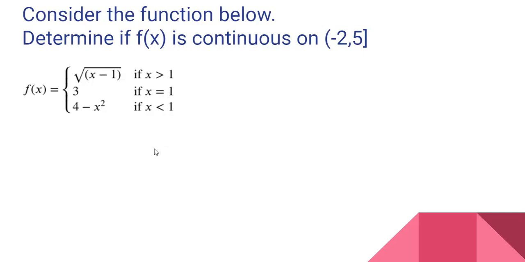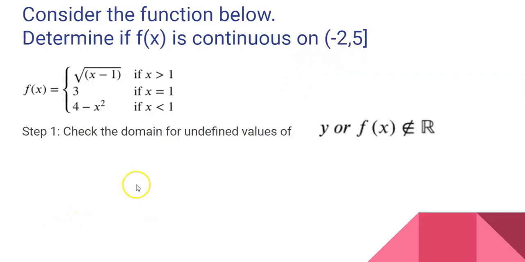Our task is to demonstrate algebraically using basic calculus theorems whether such a piecewise function is continuous or discontinuous on the interval [-2, 5]. So step number 1, check the domain, the interval, for any undefined values of y or f of x not an element of the real number system.